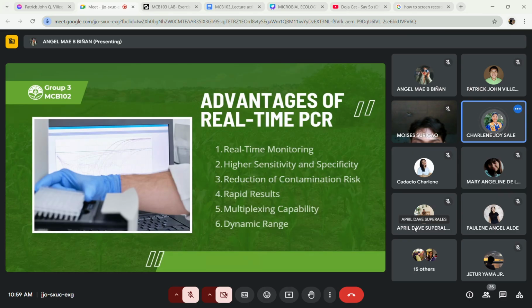The risk of contamination is minimized. And then of course it has rapid results since it monitors in real time, and it also has multiplexing capability since it allows for the simultaneous quantification of multiple targets within a single tube. And lastly, it has a dynamic range.